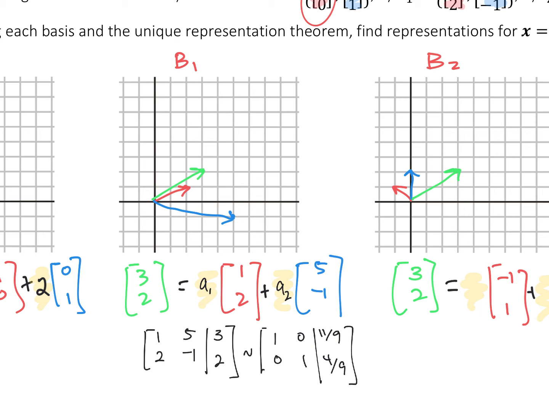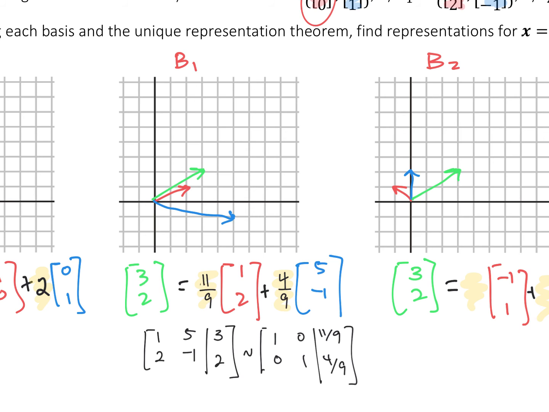So what that says is that A1 is going to equal 11/9, and A2 is going to equal 4/9. So here we'll get rid of those guys. And we'll replace, so if I take 11/9 times my 1, 2 vector and 4/9 times my 5, -1 vector, and I add them together, I'm going to get my resultant 3, 2 vector.